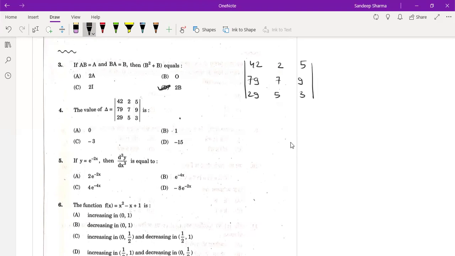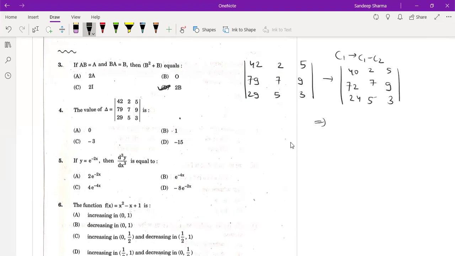So with a simple operation, I'm going to apply C1 changes to C1 minus C2. So this will be 42 minus 2, which is 40; 79 minus 7, which is 72; 29 minus 5, which is 24. And the rest of the things are the same: 2, 7, 5, 5, 9 and 3. Okay.